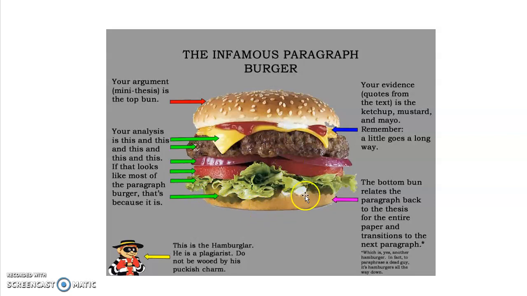And a lot of times we forget about this, but the last sentence of a paragraph is really important too. The last sentence of a paragraph sums up for the reader what they just learned. It also creates the opportunity to transition to the next paragraph, which I'll talk about in just a second.